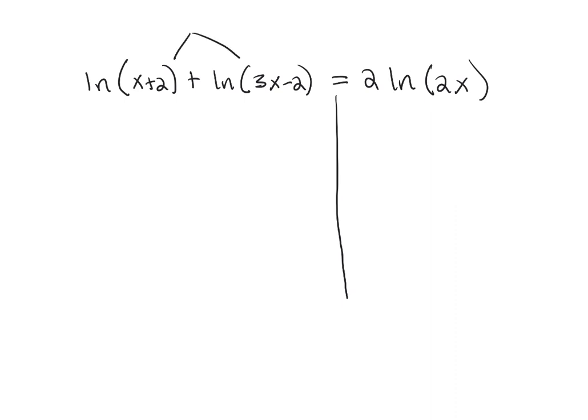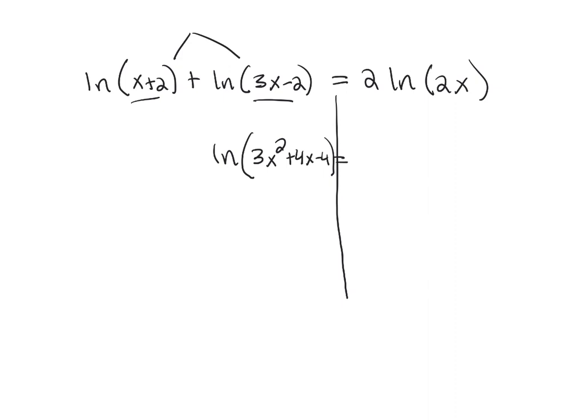We can multiply here and here together. But multiplying 2 binomials, we're going to have to FOIL and get a quadratic. So this would be the natural log of, if we FOIL that, that would be 3x squared, and then plus 4x minus 4.